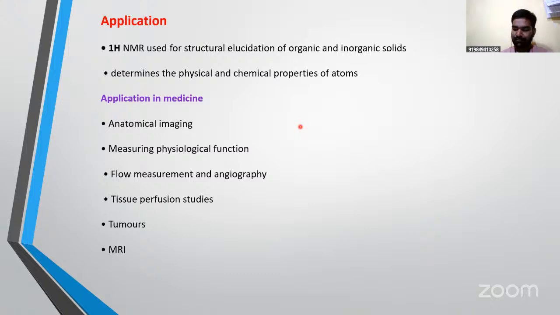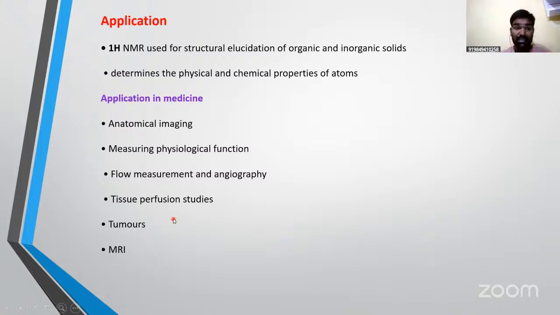Application in medicine. Anatomical imaging can be done. Measuring physiological function can be done. Flow measurement and angiography can be made by using this NMR. Tissue perfusion studies can be done. Tumors can be detected. MRI can be done.